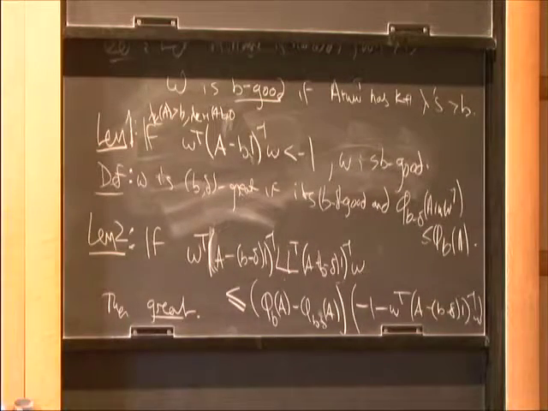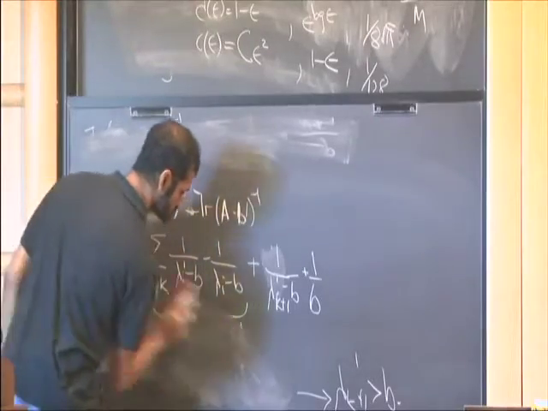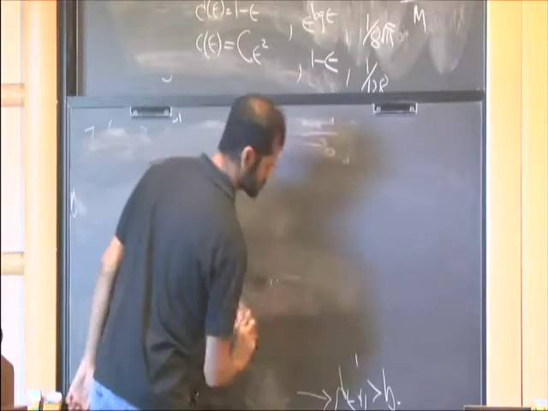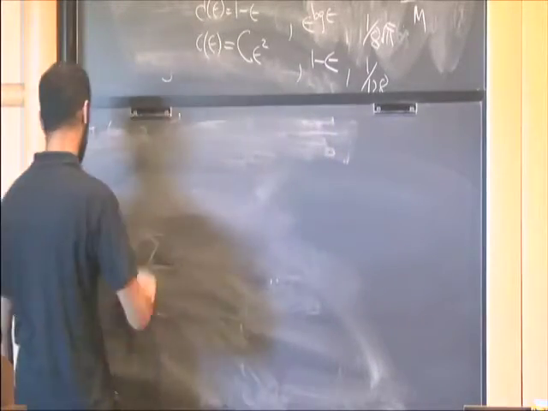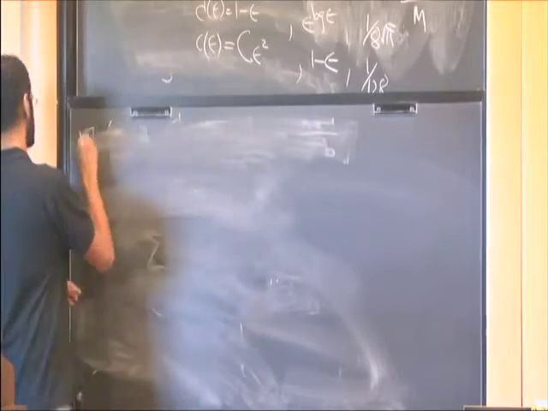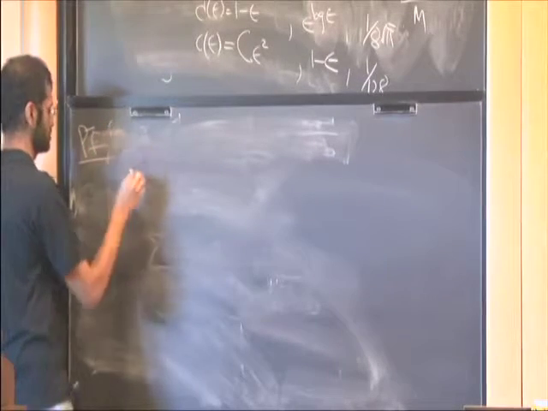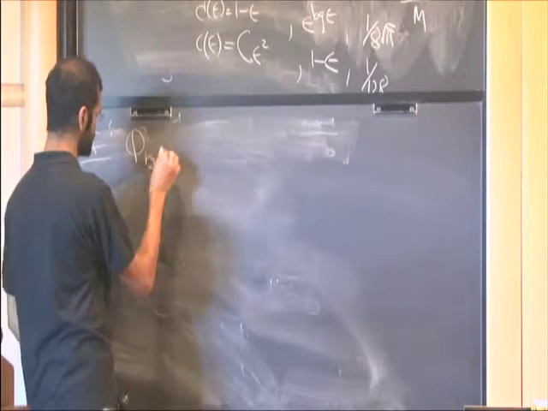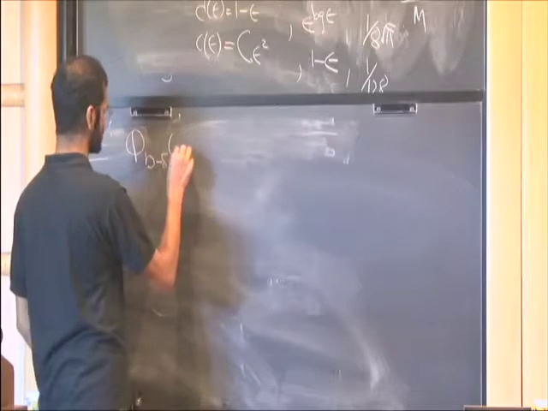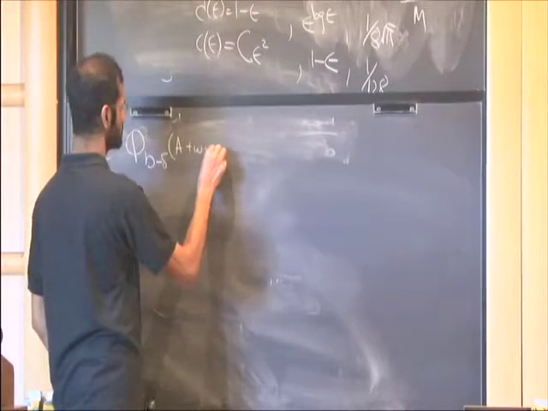Okay. So now, the way I'm going to prove that lemma is by Sherman-Morrison, basically. Almost the same thing. So, proof of Lemma 2. I have the potential at B minus delta of A plus WW transpose.